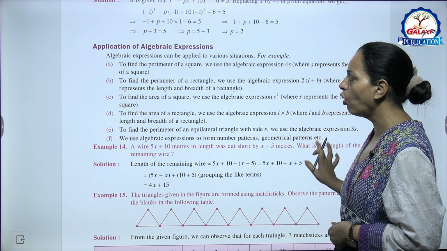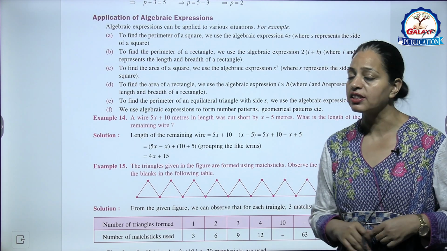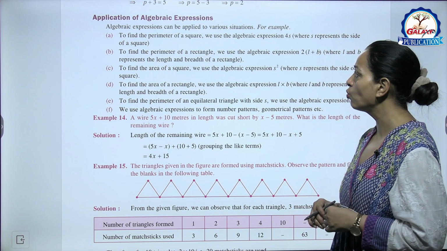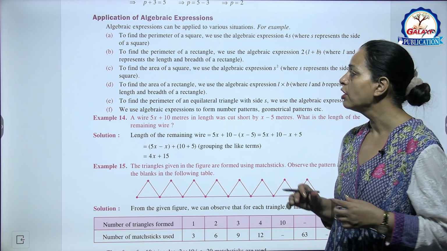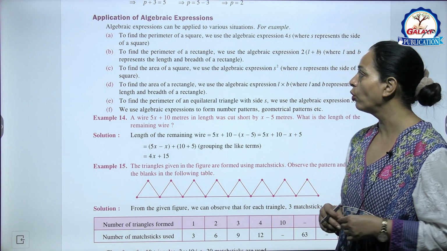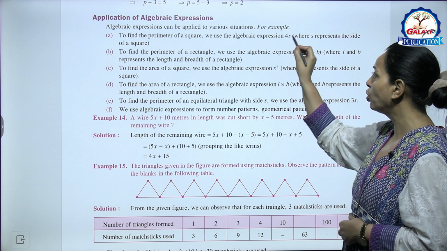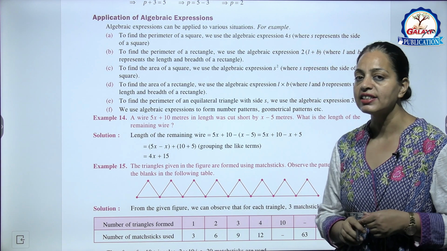Now application of algebraic expressions. Algebraic expressions can be applied to various situations. For example, A part, to find the perimeter of a square, we use the algebraic expression 4 into side, 4 into s, where s is the side.